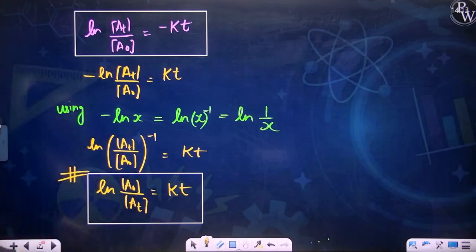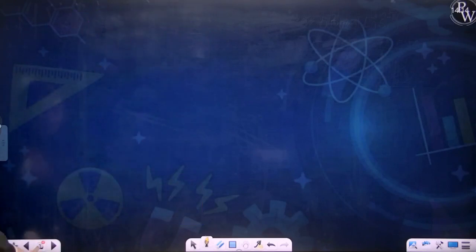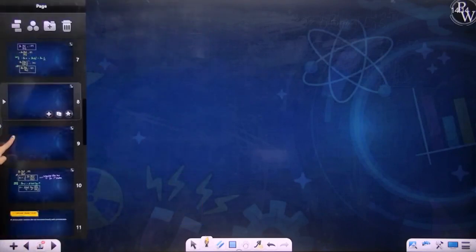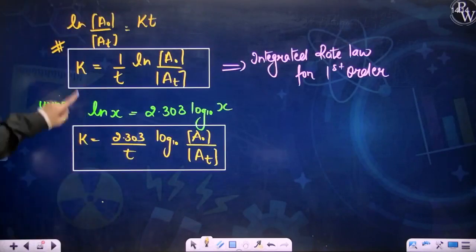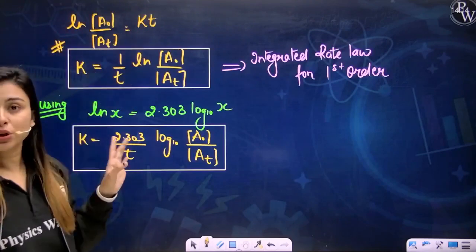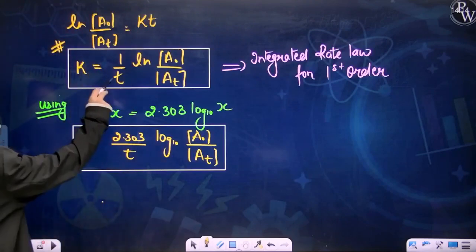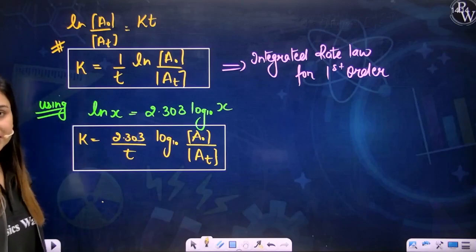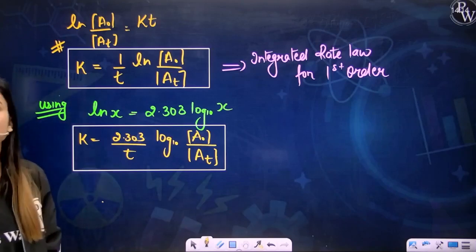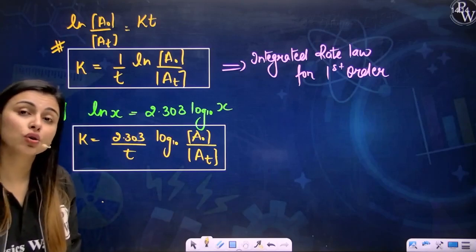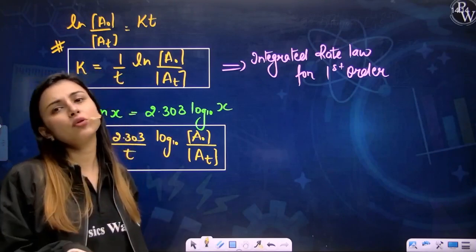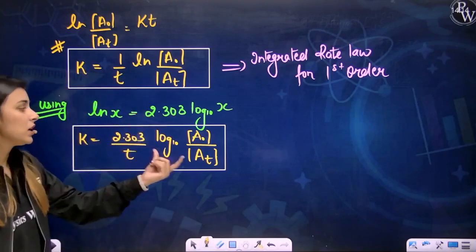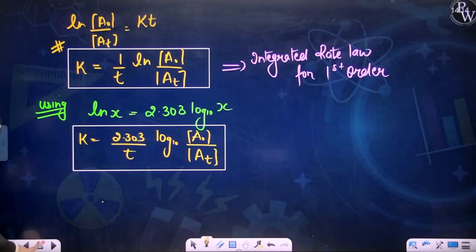This was your integrated rate law, an important expression. Then ln of a naught upon at is equal to kt. So k is equal to 1 upon t ln of a naught upon at. This was the integrated rate law for the first order reaction, and if you want to convert it into log base 10, you have to multiply it by 2.303.